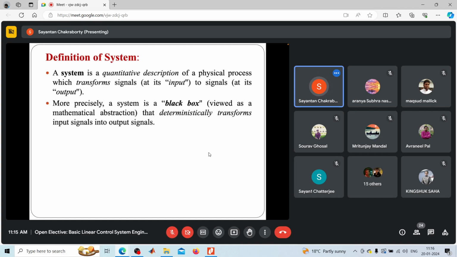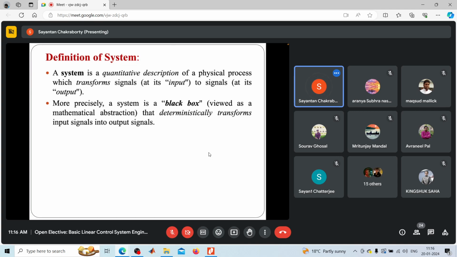If you look at it from a mathematical abstraction, a system can be more precisely thought of as a black box. We do not know what is inside the system, and we only know that given a particular input, it produces an output. Whenever you study a system, we should be able to deterministically find out this transformation.